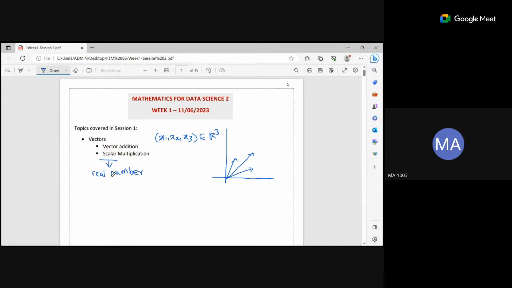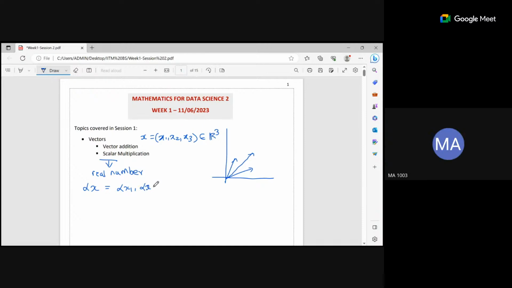Usually we denote scalars with constants like alpha, beta, or k, c. So alpha times a vector x, let's say, means what? Alpha x is alpha x1, alpha x2, alpha x3.